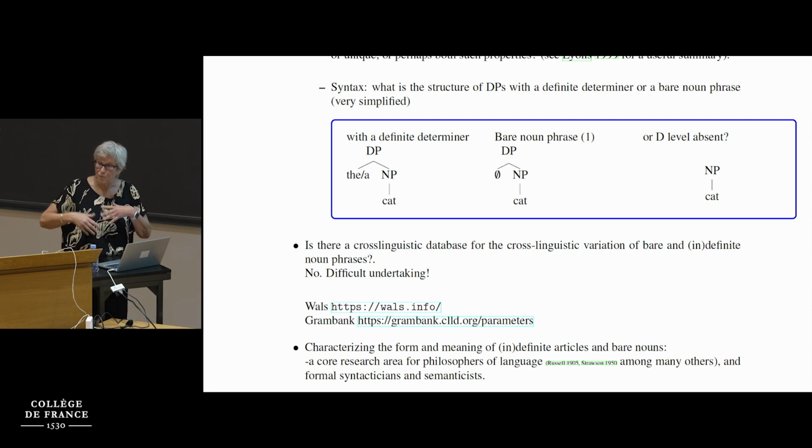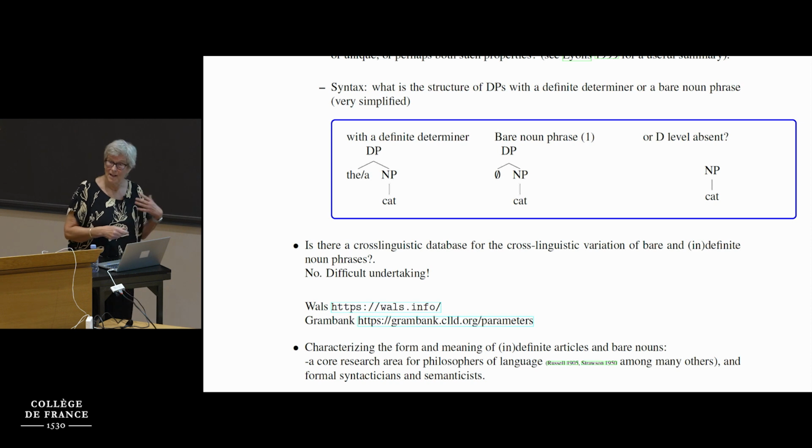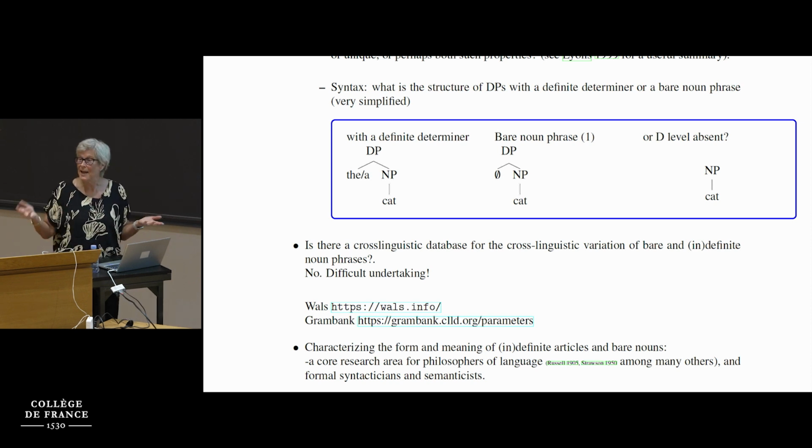The literature is full of these kind of decisions, and it's going to make a difference if you think that Chinese bare noun phrases, which are used so if you say something, I like the man likes cats, it's man likes cats, but it can have different interpretations.